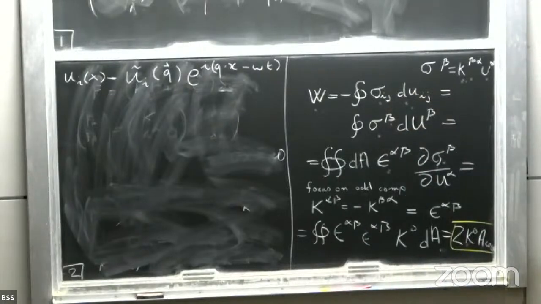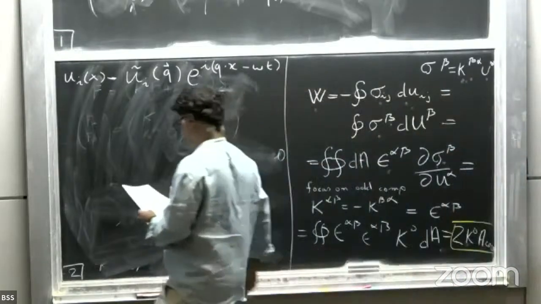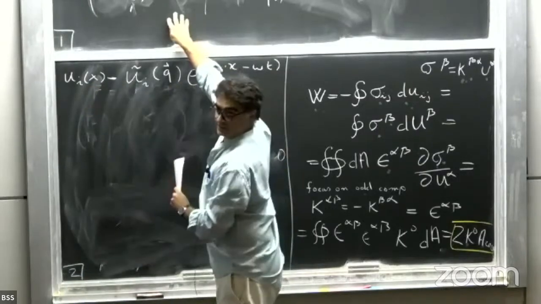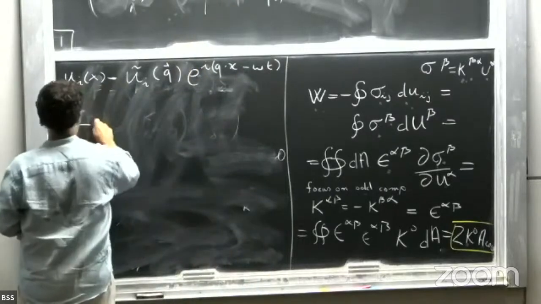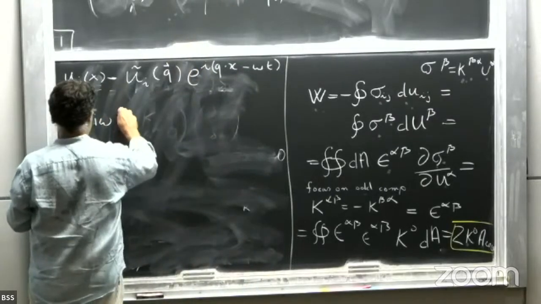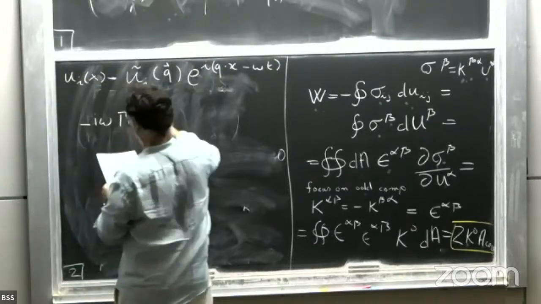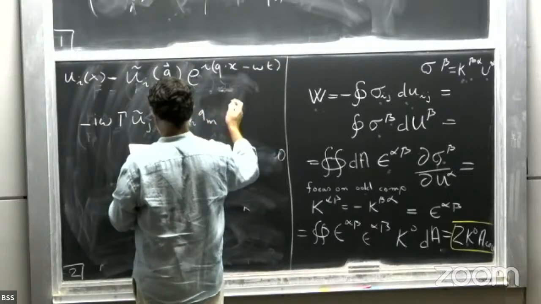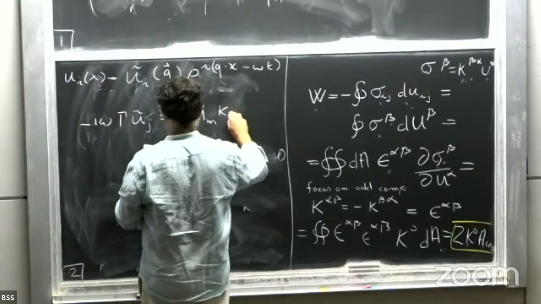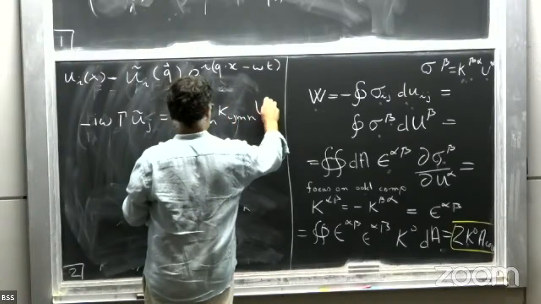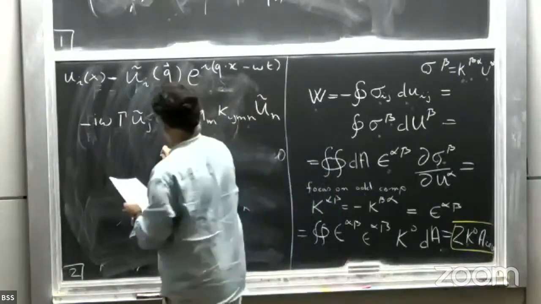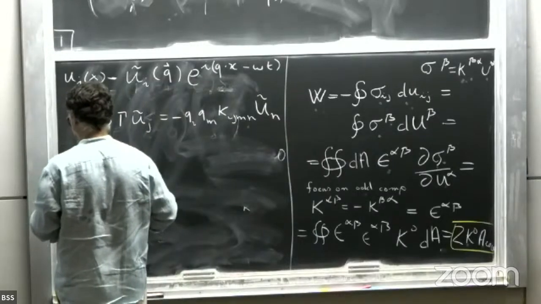Now, if you take this and you substitute it in here, you get minus i omega gamma u_j hat, which is this guy, equal minus q_i minus q_m, and let's say K_ijmn u_n hat.